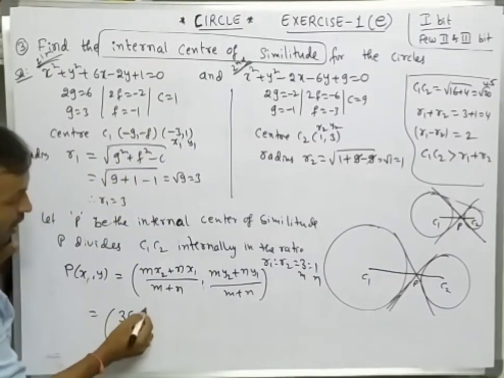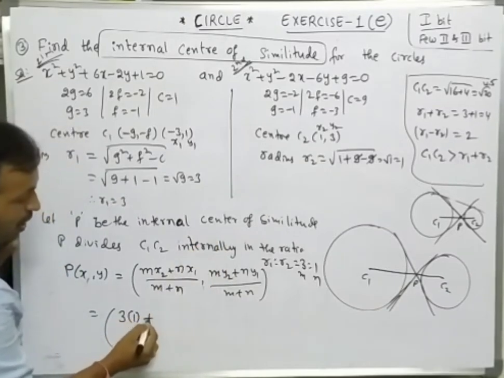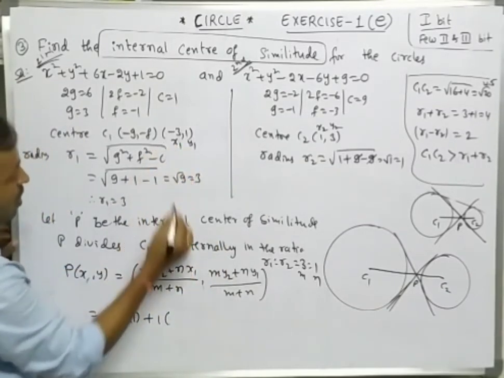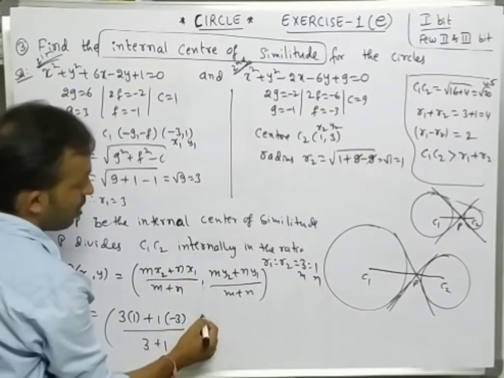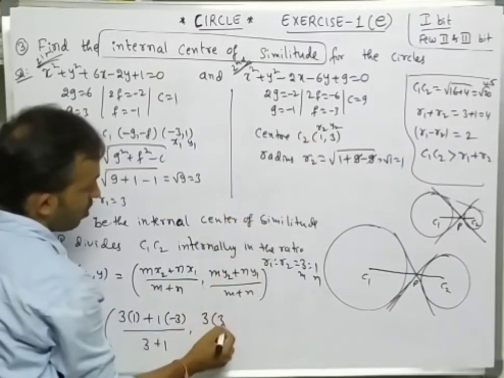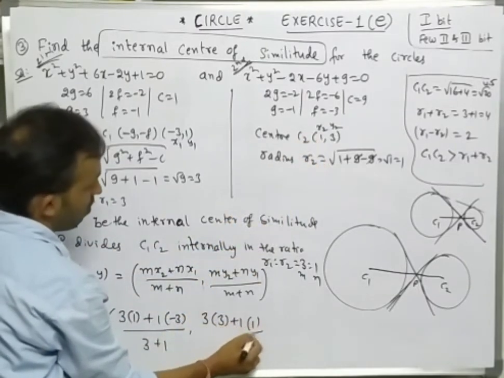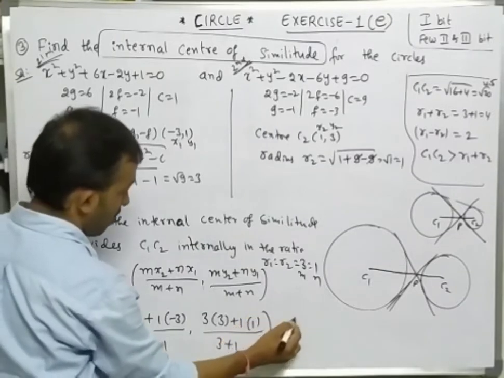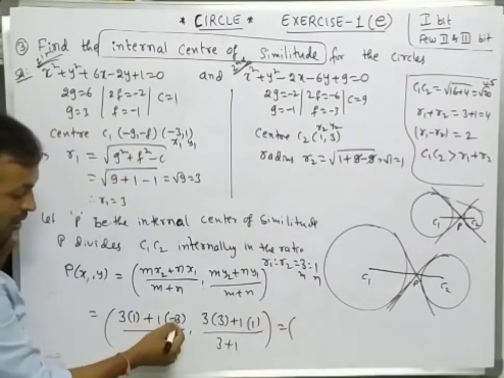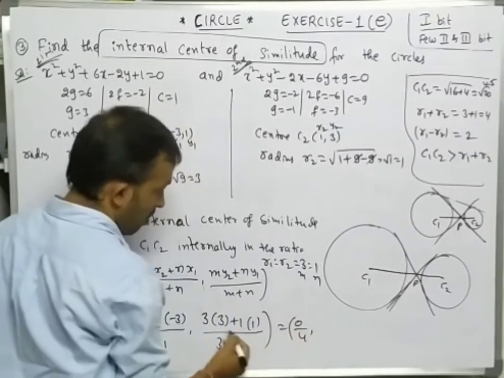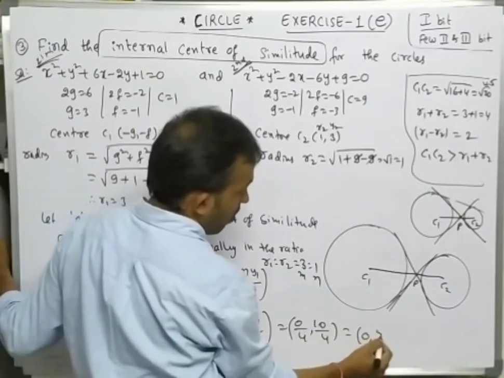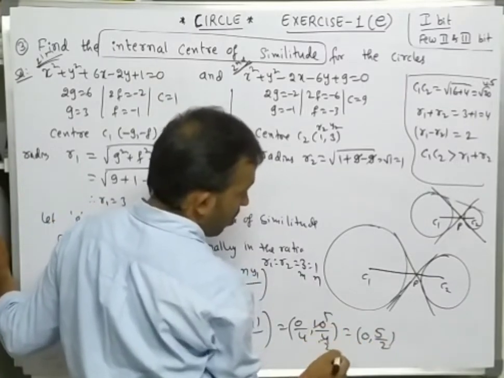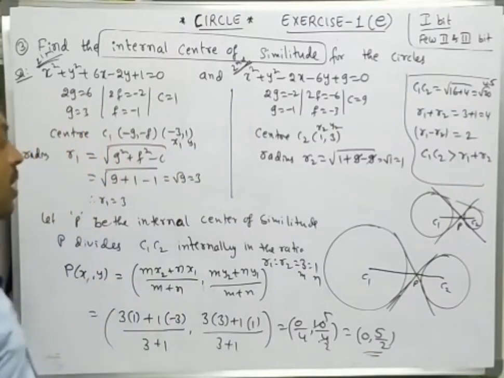M 3, x2 1, plus n 1, x1 minus 3, by m plus n, 3 plus 1. Next m 3, y2 3, n y1 1, 3 plus 1. So 3 into 1 is 3, 3 minus 3 is 0, 0 by 4, comma 3 threes are 9, 9 plus 1 is 10, 10 by 4. So that is 0 comma 5 by 2, the internal center of similitude.